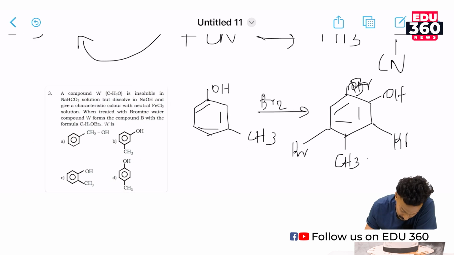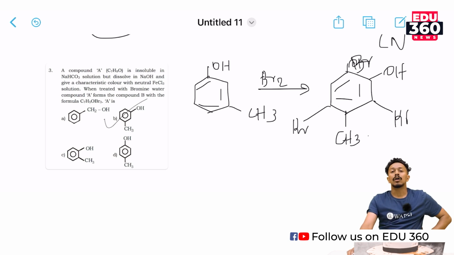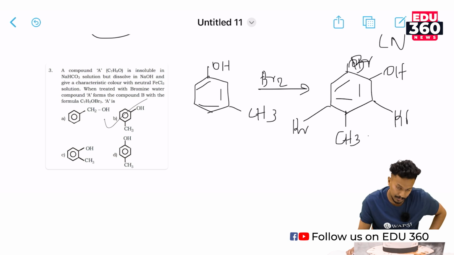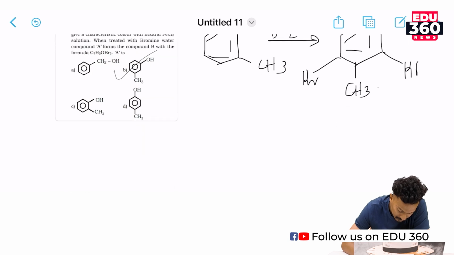This is the product that is formed, and with this we could find out option A, which is C. Sorry, not C, it's B. Ortho-para substituted, right? Yes, ortho-para substituted alcohol and methane. So option number B. We'll move on to our next question.